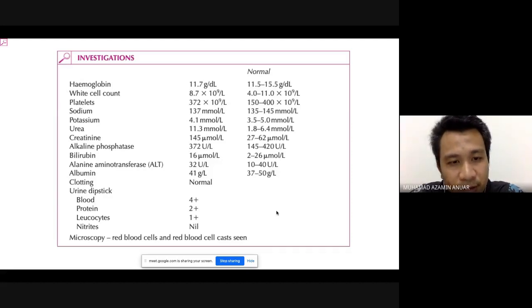The urine dipstick ada blood 4+, ada protein, ada leukocyte, and also there are no nitrates. So how do you interpret this urine dipstick, and also there is microscopy of red blood cells and red cell casts as well. So macam mana kita nak interpret this urine dipstick result?